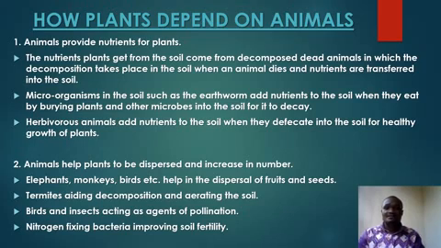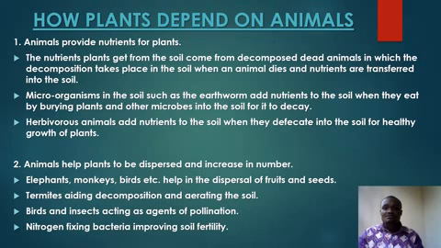How do plants depend on animals? Animals give plants nutrients. When they die and decay or decompose and mix up with the soil, their decayed body transfers the nutrients in them into the soil for plant growth.